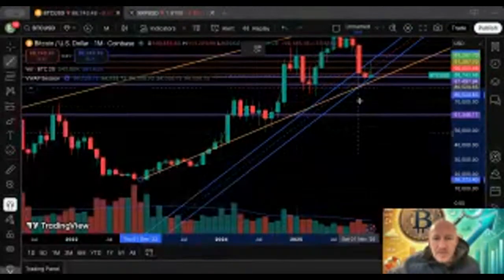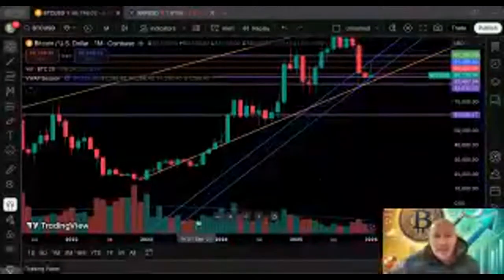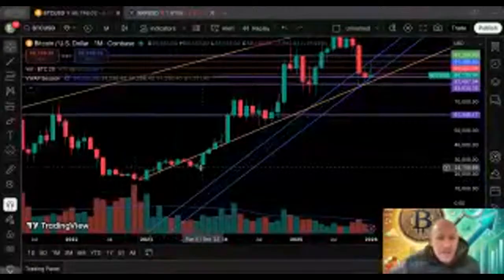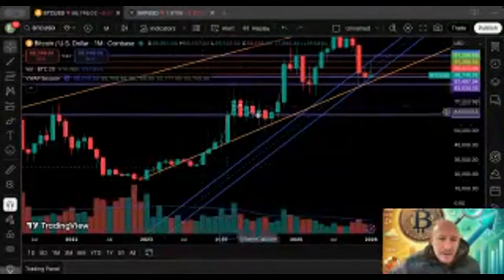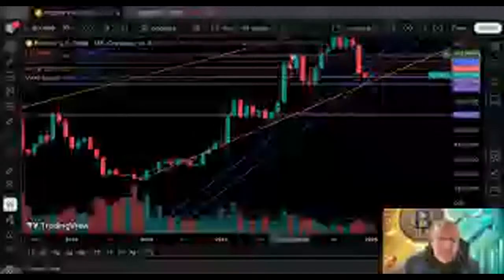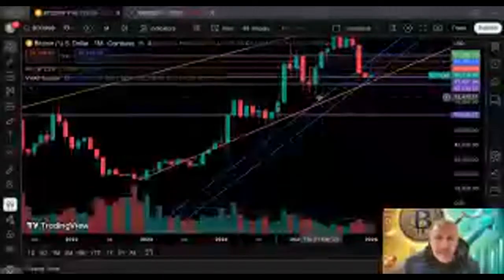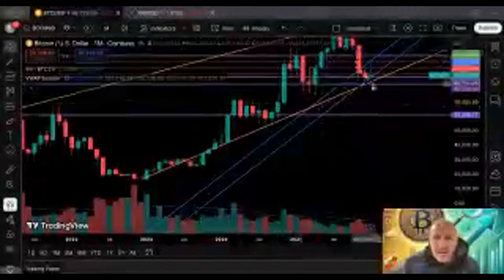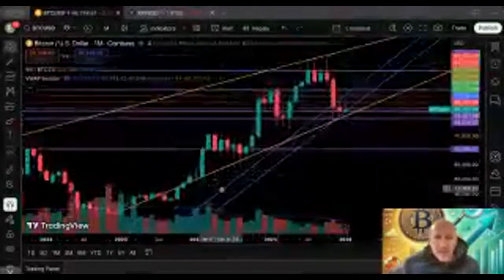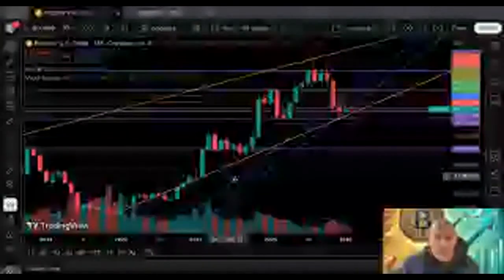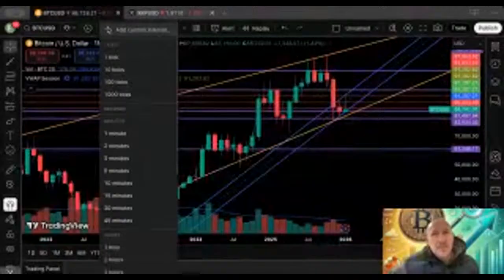I'm going to use this one because it's the most accurate. So it dropped below this trend line, but then it came back up, held, came to it, bounced, didn't make it all the way here, and that's where we are now. Then this blue line here is a parallel channel, and I drew that on my weekly chart.